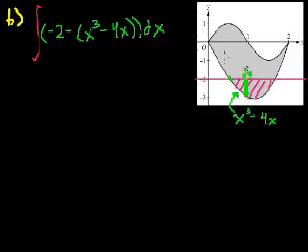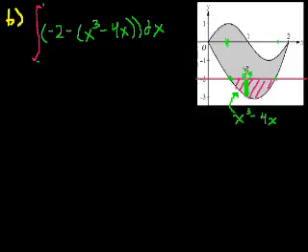So we need to figure out this value of x, which is going to be here, and this value of x, which is going to be there. These are really just two of the points where these two functions intersect each other. So how do we figure out those points?